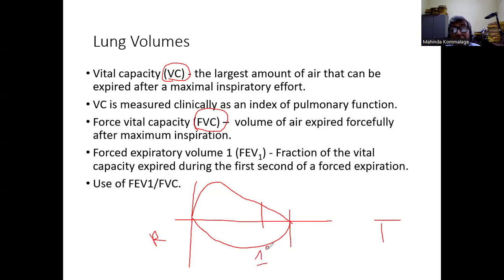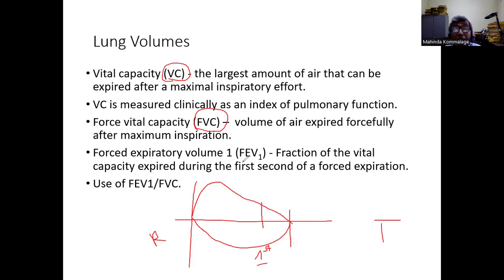Within one second, what volume came out is a fraction of vital capacity. After that, some volume will still come.